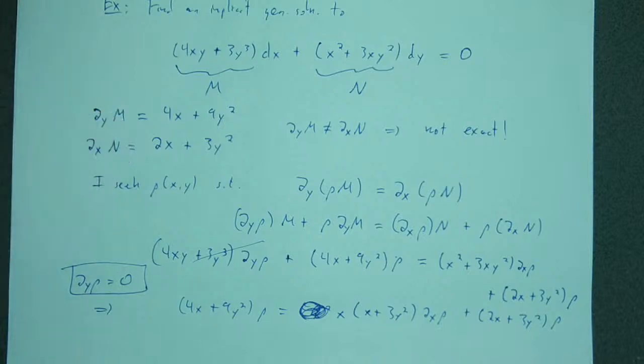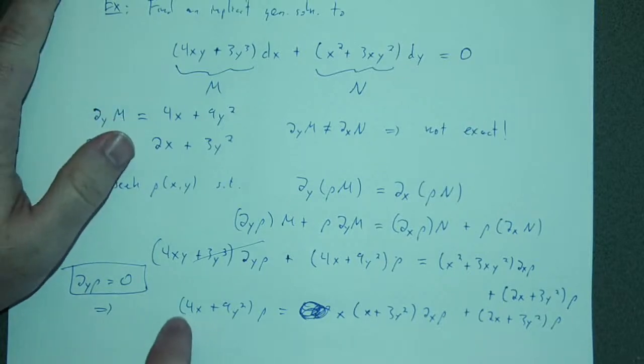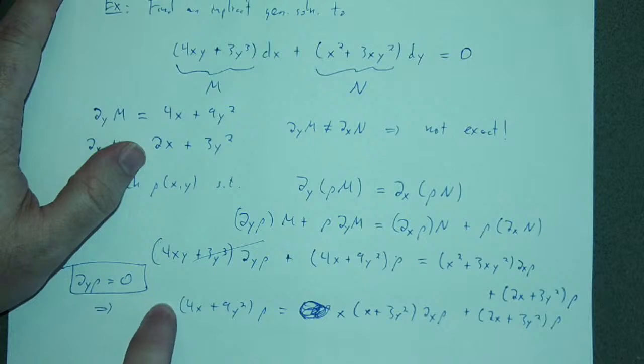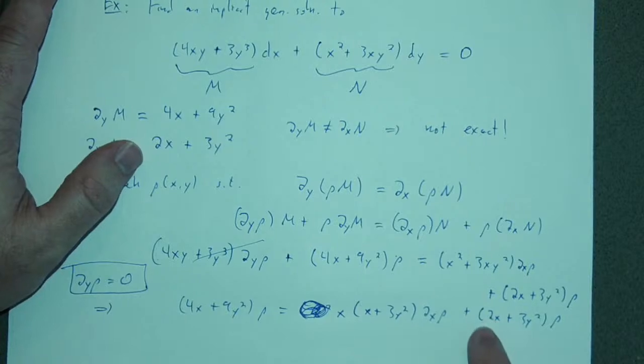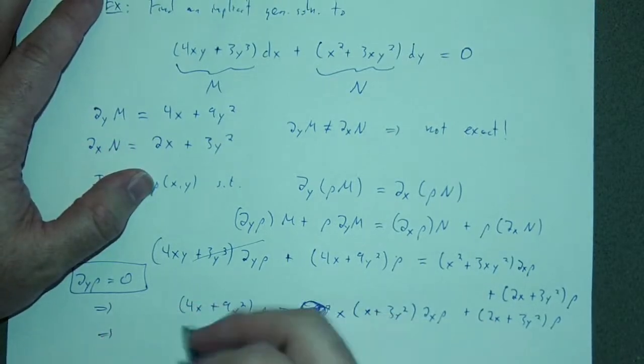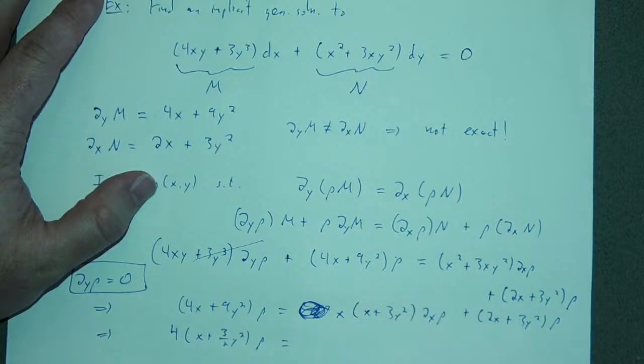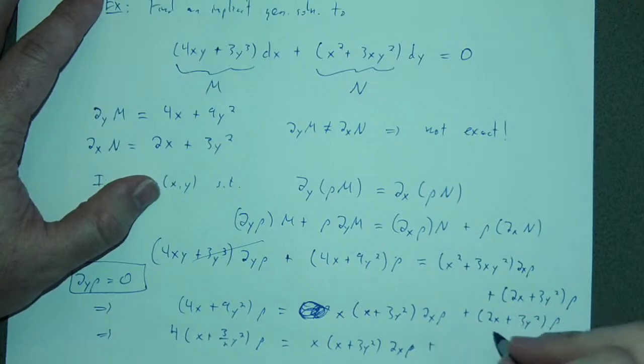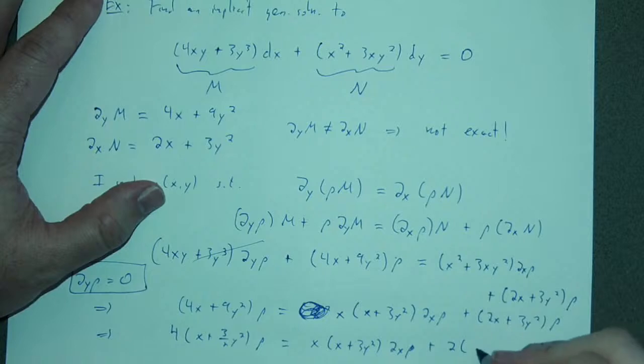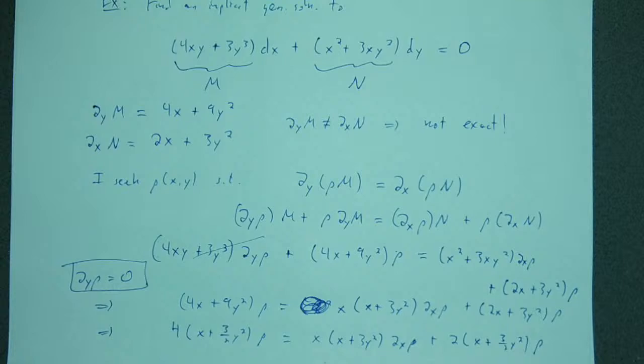If I rewrite this as 4 times x plus 9/4, which is 3/2 y squared rho, and this is equal to x times x plus 3y squared times the x partial rho plus here, this would be like 2 times x plus 3/2 y squared rho. Okay.